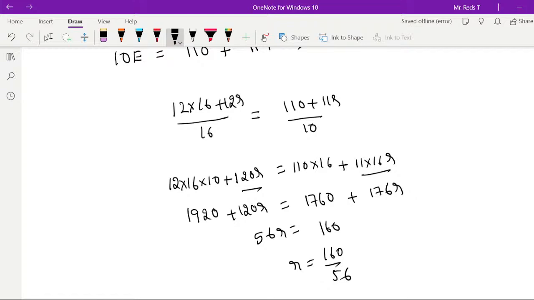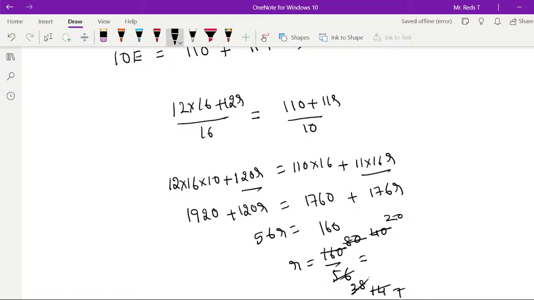To simplify this within fractions only, 2 ones are 2, 2 fours are 8, 2 fours are 8, 2 sevens are 14, 2 twenties are 40.